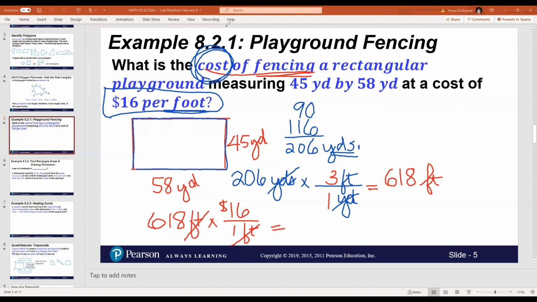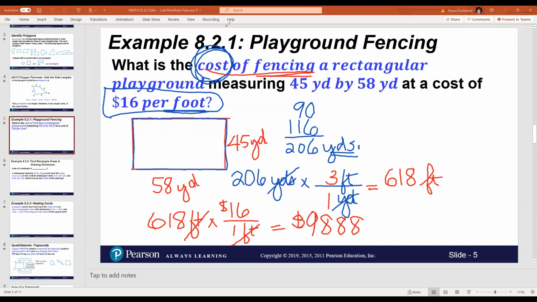You might think that this, again, in this case, was not necessary, but the point is to be able to do this when you are not certain that you are clear on whether you're multiplying or dividing. You'll see some examples of that as we do more and more of this. So we would be saying then that this is a cost of $9,888. Hopefully you saw that coming.